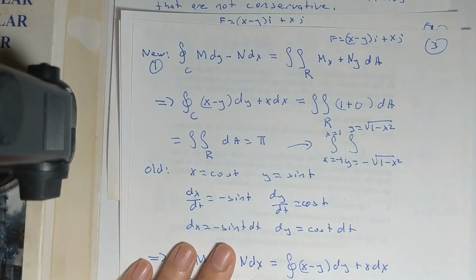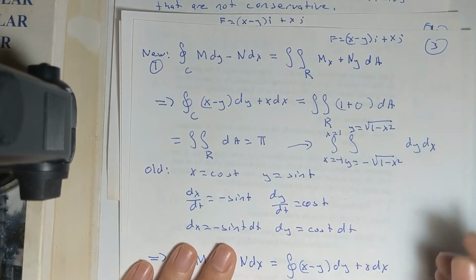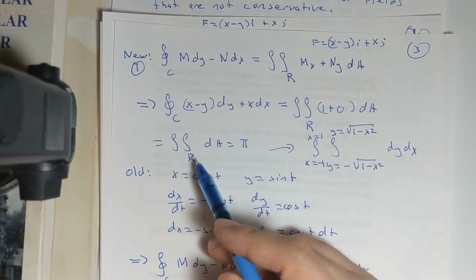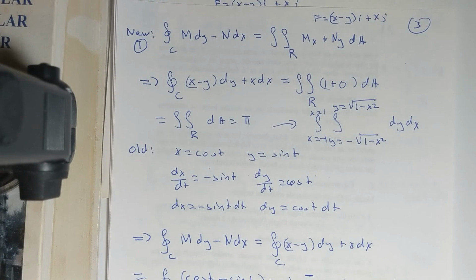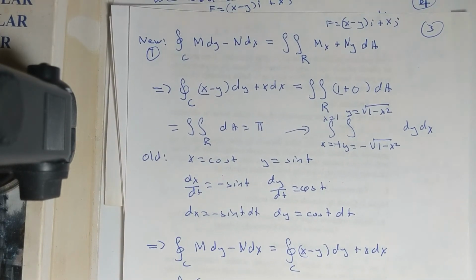That's how you would do it, dy dx, if you really wanted to feel like doing a trigonometric substitution problem. But it's just dA, and the region is a circle, so you don't need to do any calculations.